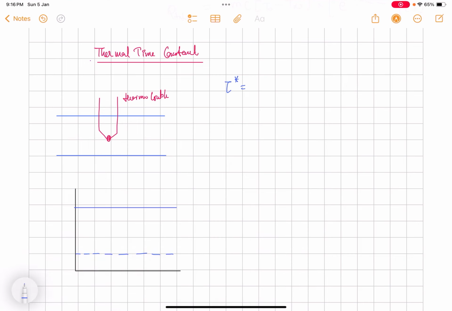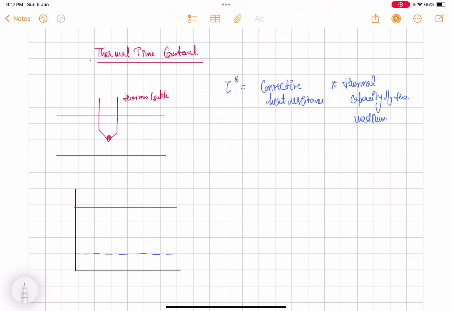the convective heat resistance and the thermal capacity of the medium or solid.